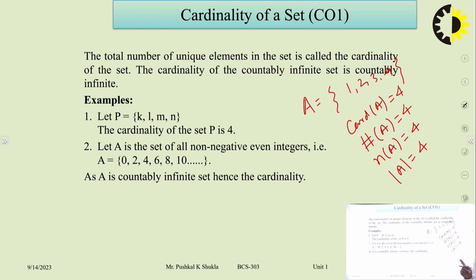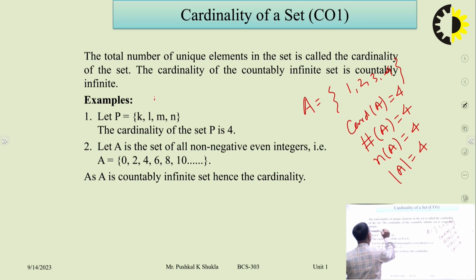The cardinality of a countably infinite set is countably infinite. So infinite sets are characterized in two ways: countably infinite and uncountably infinite. This is a very important point.